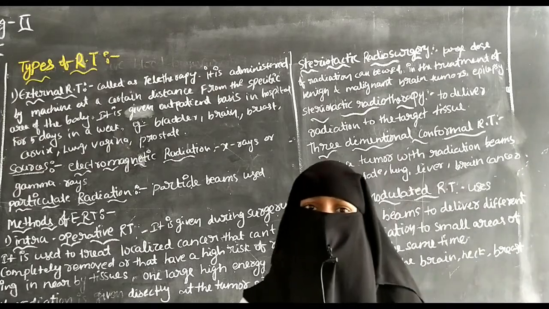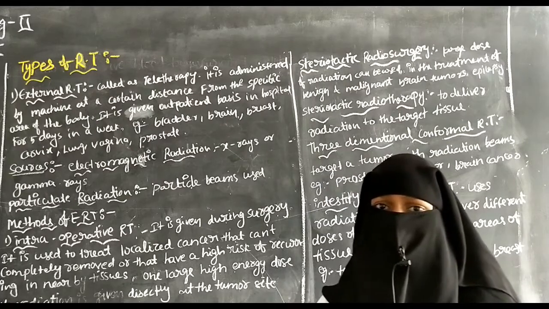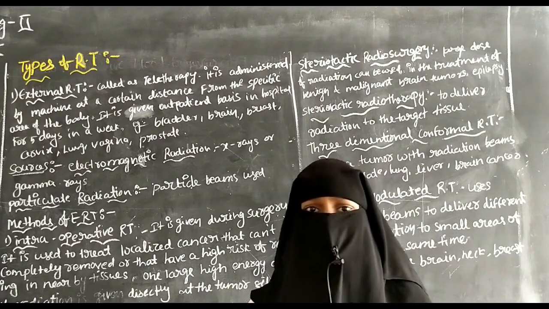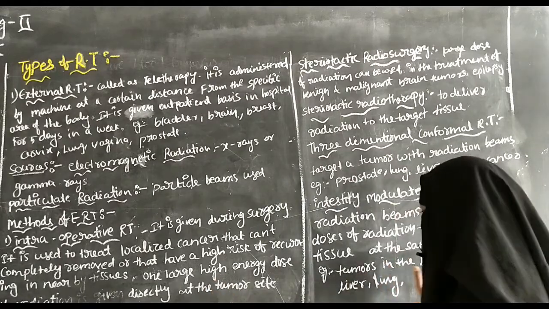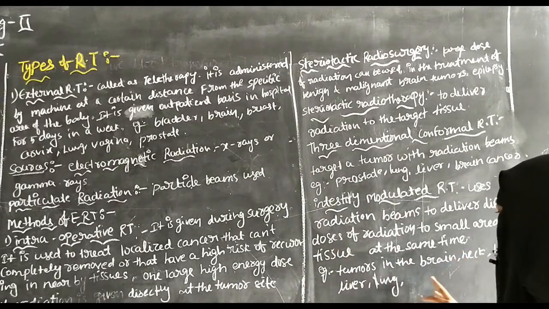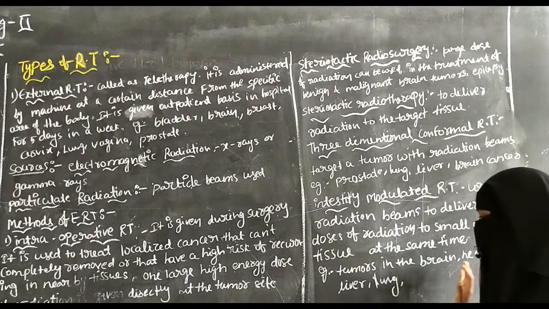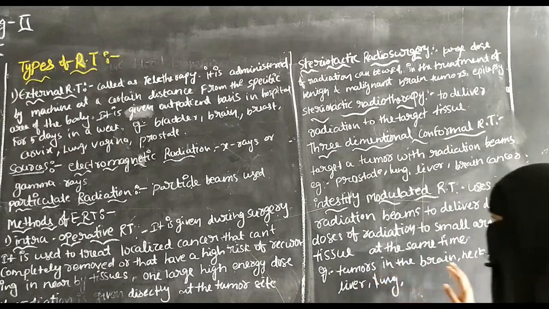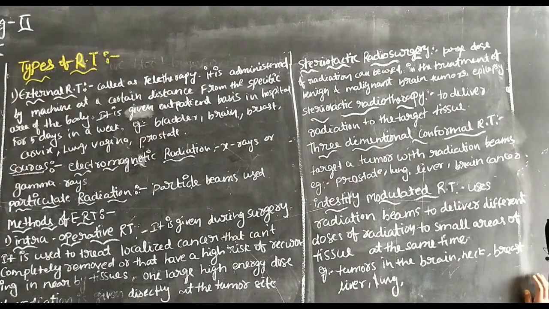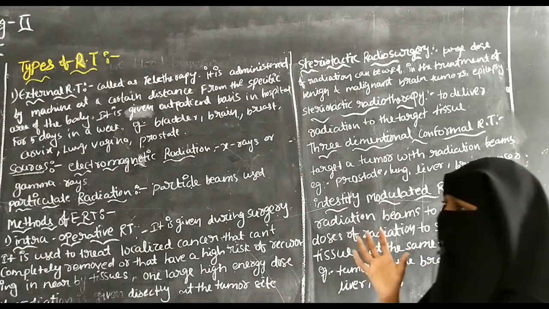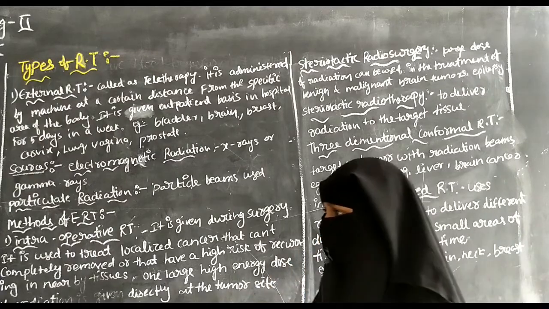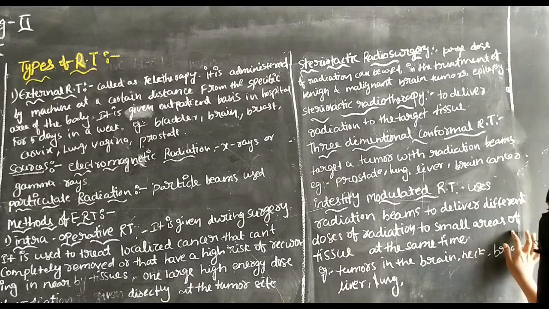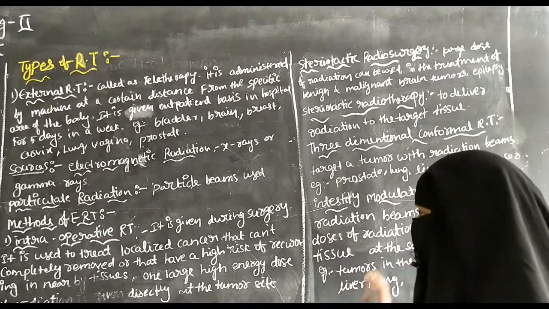Examples are tumors in the brain, neck, breast, liver and lung cancer. Intensity modulated radiation therapy means different doses of radiation are administered to small areas of tissue at the same time.